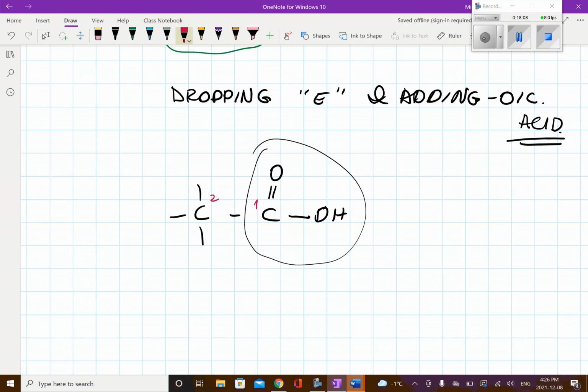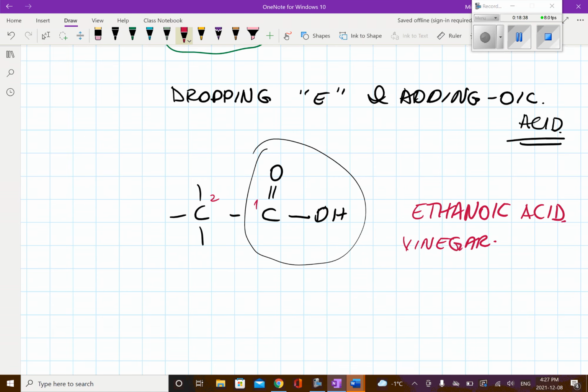If this was just carbon and hydrogens, we would say it's ethane. So we'll drop the E, and then we'll add OIC acid. So this is ethanoic acid, or in other words, vinegar.